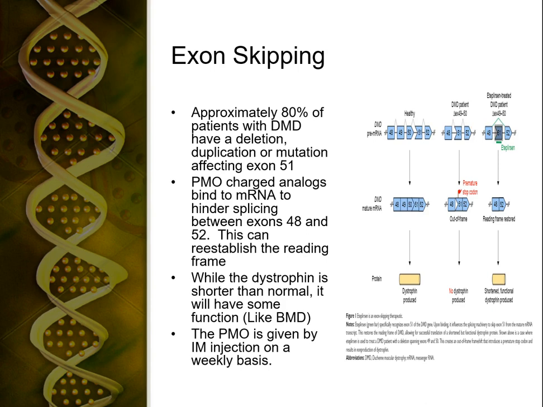These PMOs are given as an IM injection weekly, and the initial studies are very encouraging, although it's certainly not a complete cure, and there are still concerns about the dilated cardiomyopathy associated with Duchenne's. There are other therapies that are also being looked at for the future, but this is actually here now. This is a medication that's FDA approved and available for patients that have an amenable change in the gene.